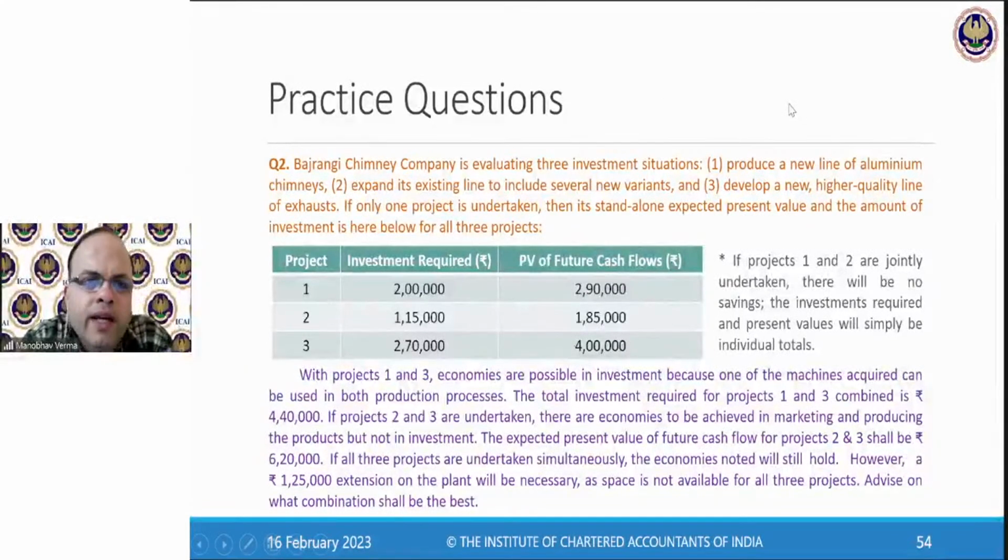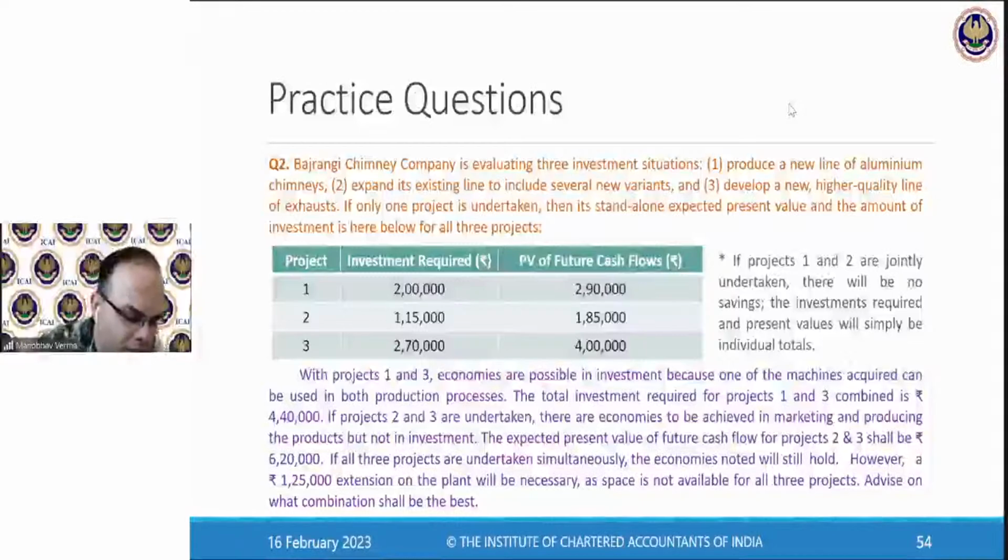So Bajrangi Chimney company is evaluating three different investment situations. One, produce a new line of aluminum chimneys. Two, expand its existing line to include several new variants. That's the second project. And third is developing a new higher quality line of exhaust. Wow, we're moving from chimney to exhaust.